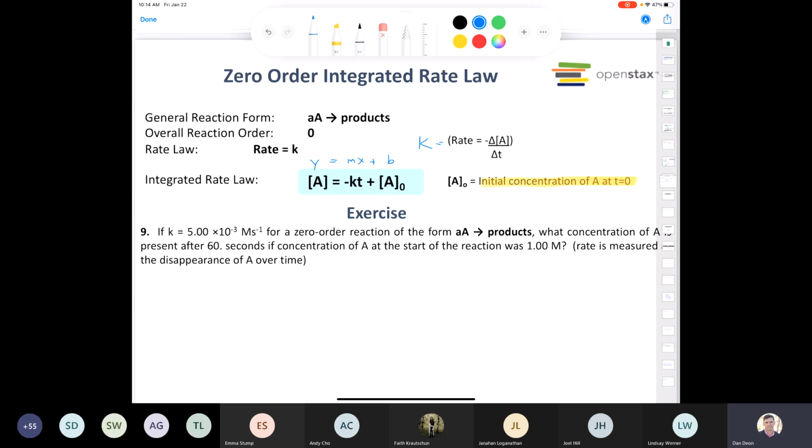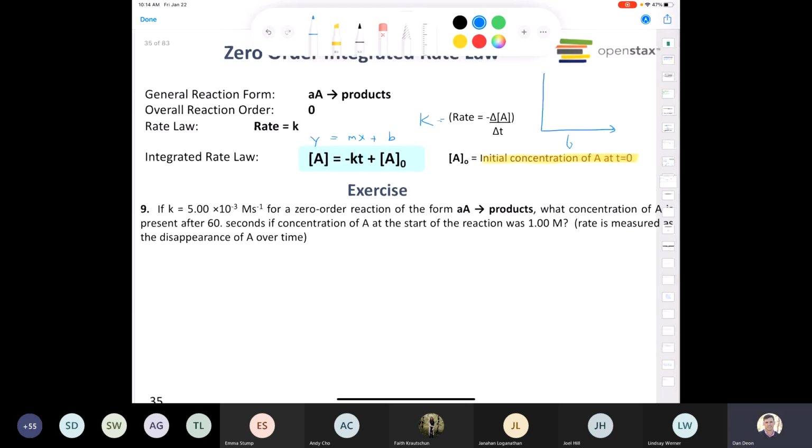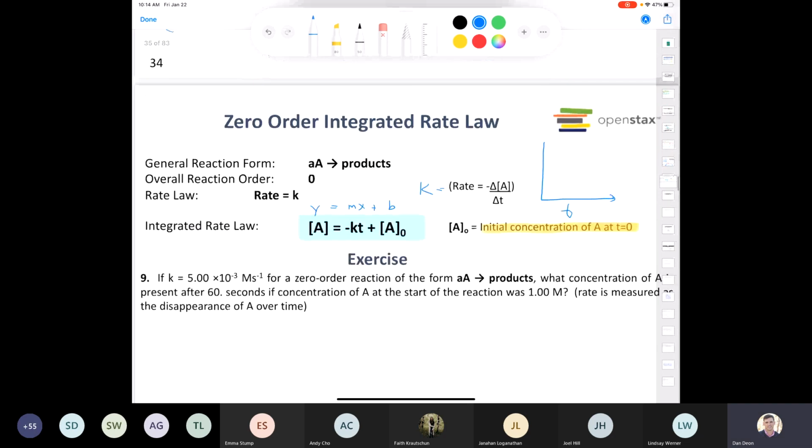In fact, if you were to make a plot, our x-axis is going to be time, our y-axis would be concentration of A. What you would see is that you would get a negative slope, because our slope, which is our m, is negative. So this would be negative k, because our rate constant is going to be positive. And the y-intercept would be the initial concentration of A.